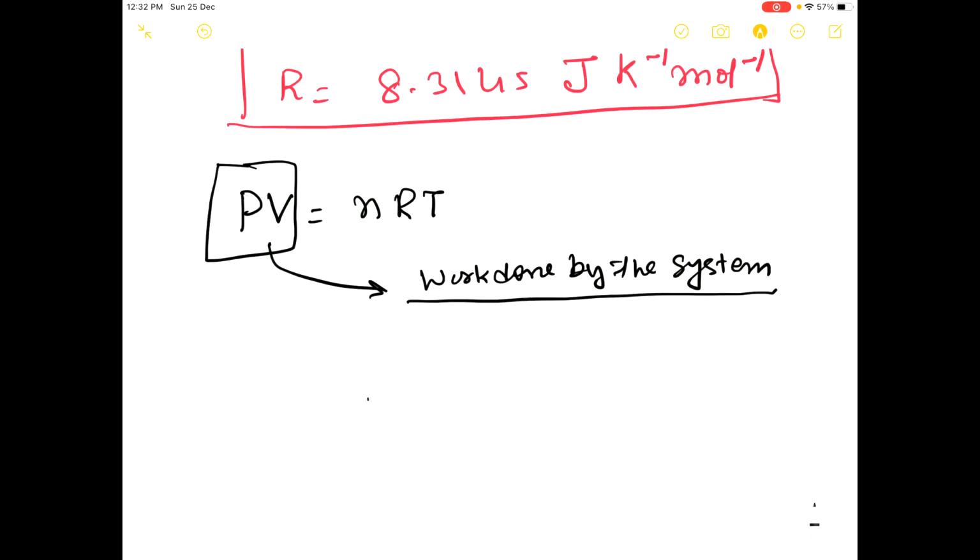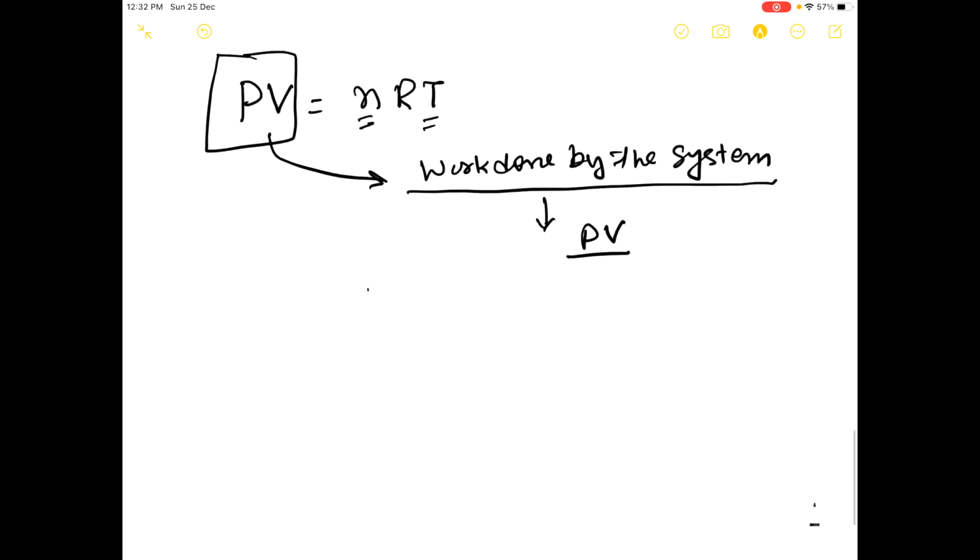When temperature or number of moles are changed and pressure or volume is changed, any of the parameters is changed, then some work is done by the system, and this work done is represented by P into V. How? Let us see.